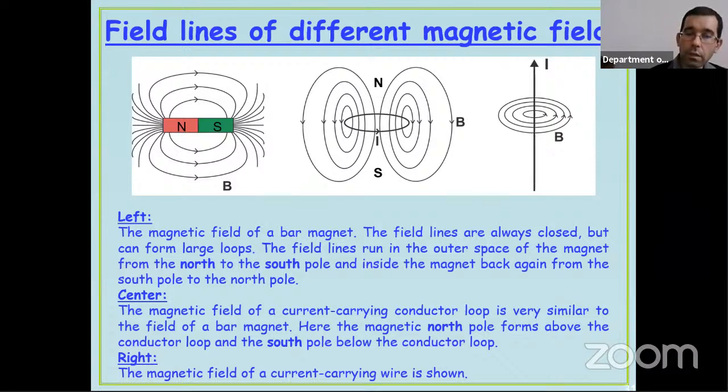And if we have a current carrying wire, then these concentrically arranged field lines create a cylindrically shaped magnetic field, so it will have a cylindrical symmetry.